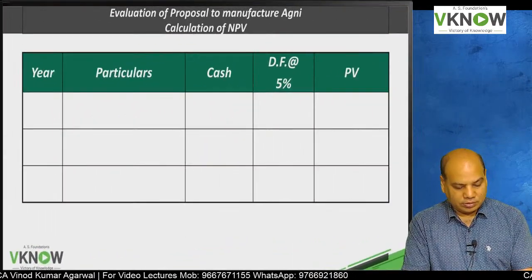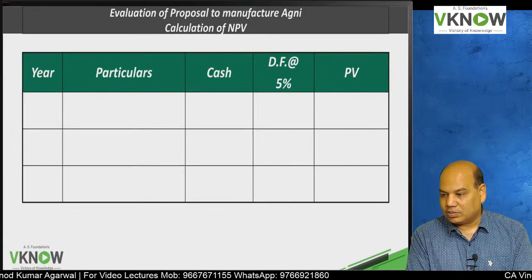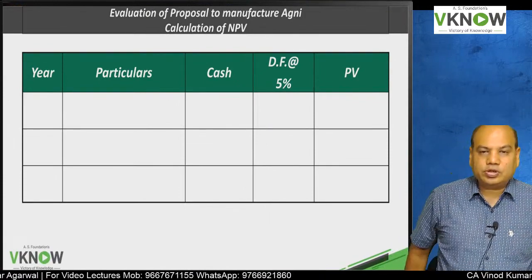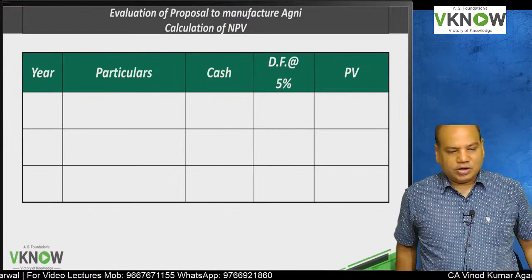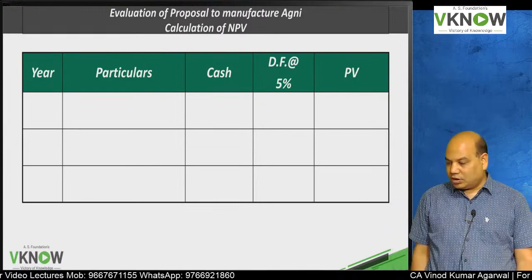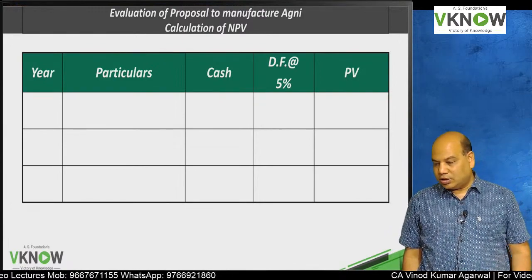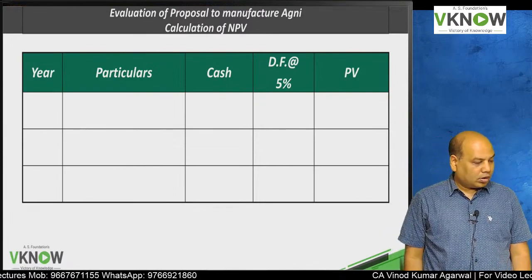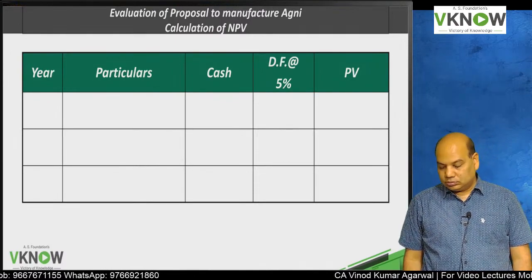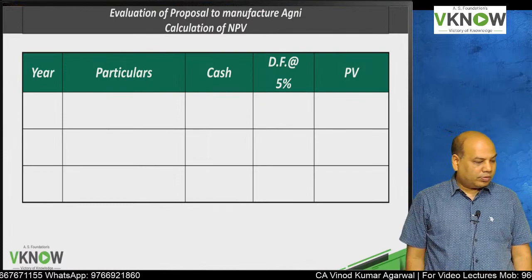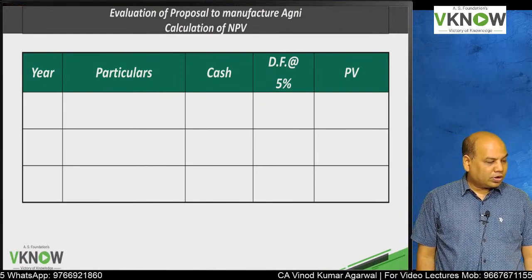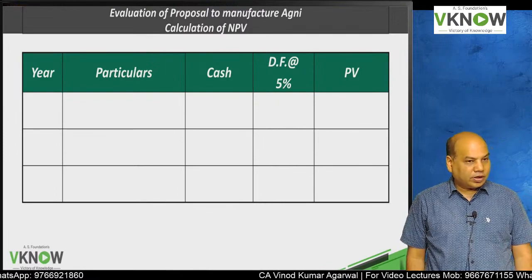First answer is a simple problem of capital budgeting, where they are asking you whether we should manufacture Agni or not. Write down: evaluation of the proposal to manufacture Agni.